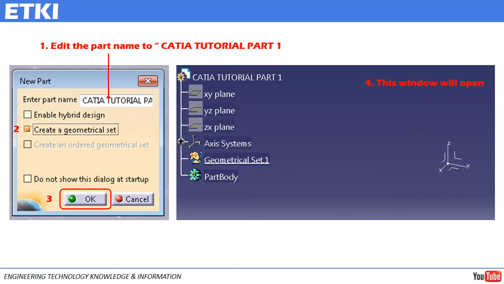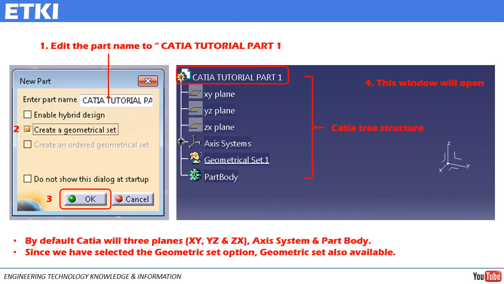When you say OK, this window will open in CATIA, and in this window you can see the file name in the top. By default, CATIA will create three planes, XY, YZ and ZX, an axis system and the part body. Since we have selected create a geometrical set option, CATIA has created geometrical set in the window.